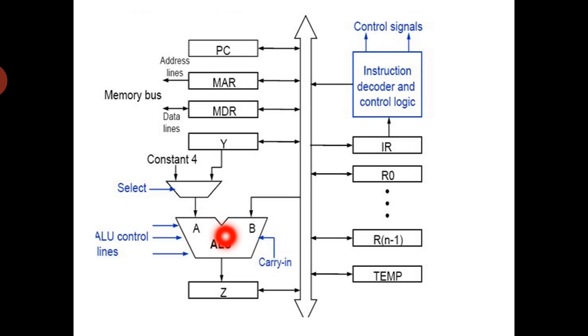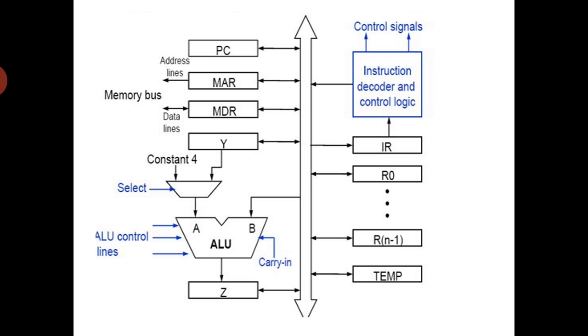That's why whenever the result is produced by the ALU, it is stored in this temporary register Z. So the ALU will get the operands A and B, perform the required operation, and that result is stored in the temporary register Z.